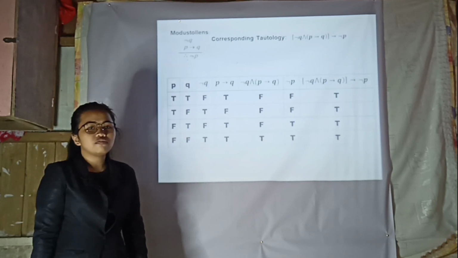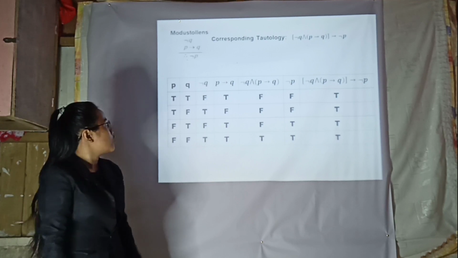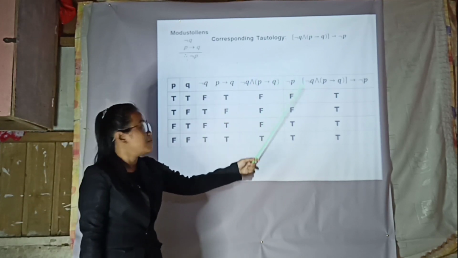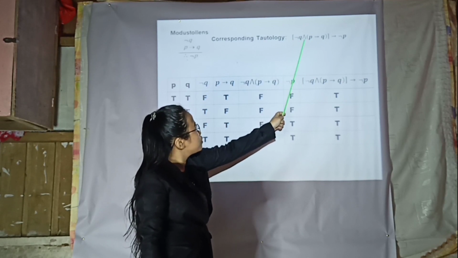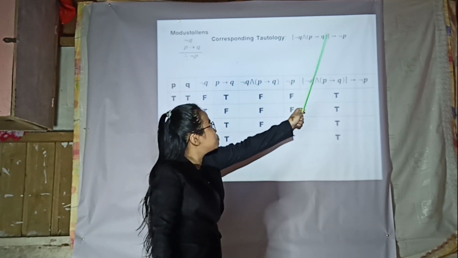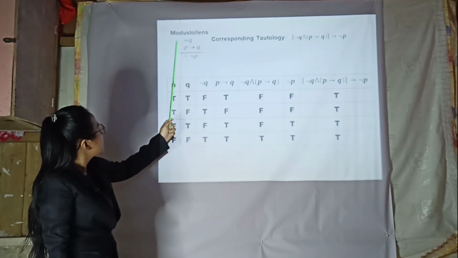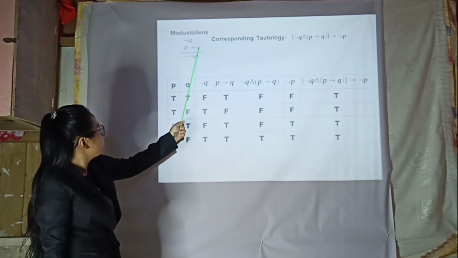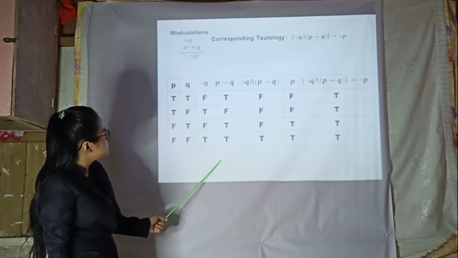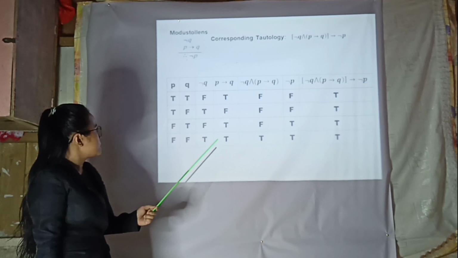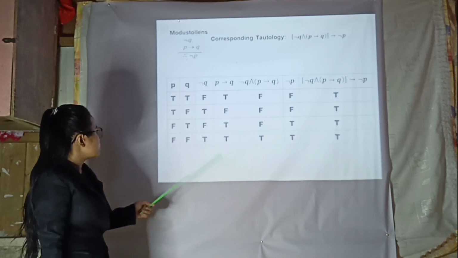The fifth rule of inference is the modus tollens. The corresponding tautology is not Q and if P then Q implies not P. So not Q, if P then Q, therefore not P. We have two variables, so 2 squared equals 4, divided by 2 equals 2.